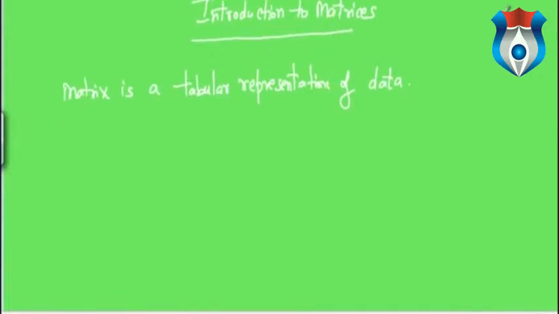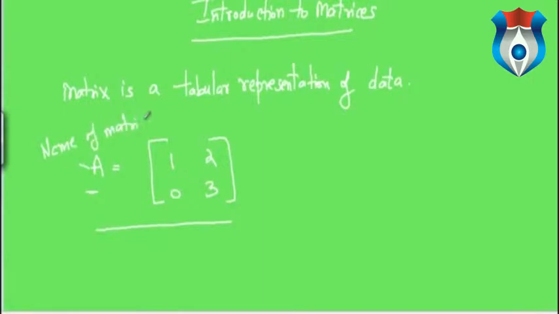Now let's take an example of a matrix. For example, we have A equal to 1, 2, 0, 3. This is a tabular representation of data, and A is the name of the matrix.